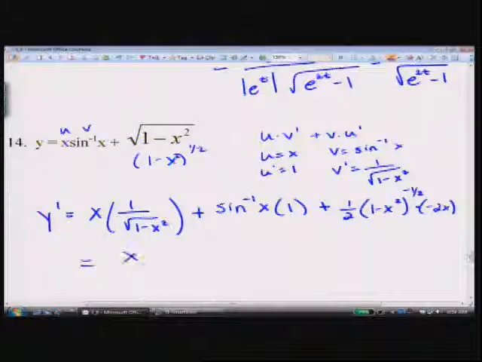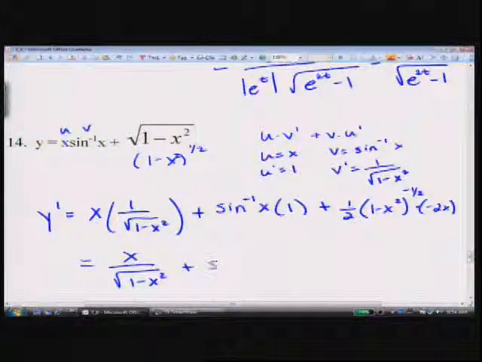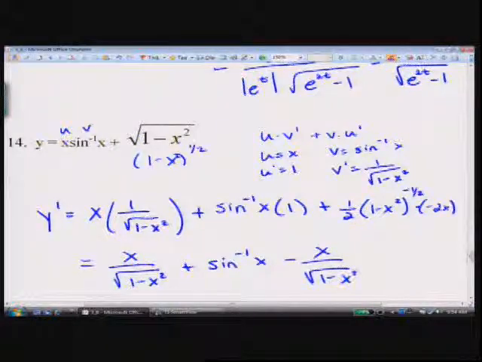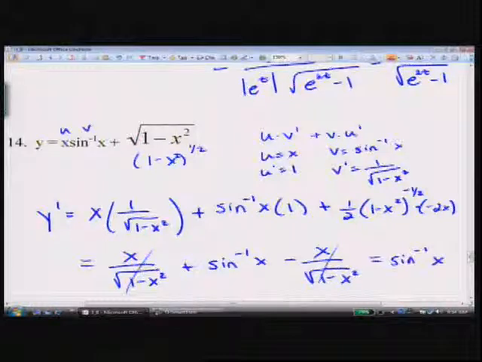Okay, so this is X over the square root of 1 minus X squared, plus the inverse sine of X. The 2's cancel here, so this is going to be minus X over the square root of 1 minus X squared. Well, that's kind of fun, right? So these cancel, and your final answer is just inverse sine of X. Isn't that cute? So the derivative of that, who would have thought?